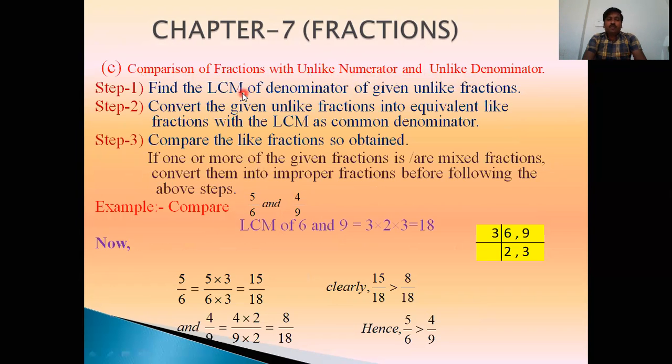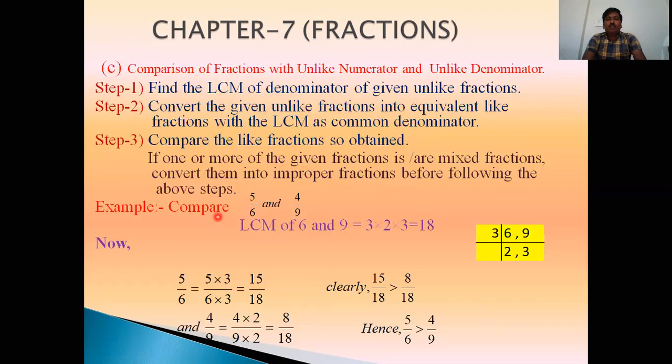For this comparison, first we find the LCM of the denominators of the given unlike fractions and convert the given unlike fractions into equivalent like fractions with the LCM as a common denominator, and compare the like fractions so obtained. Now, if one or more of the given fractions is a mixed fraction, convert them into improper fractions before following the above steps. Now, how can we do it?